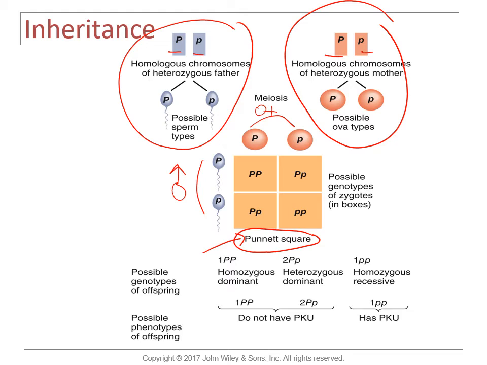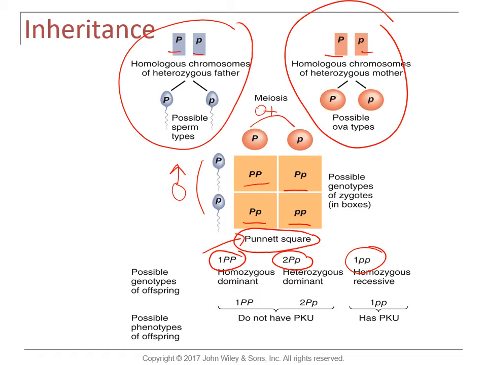The 4 spaces in the chart show how the alleles can combine in zygotes formed by the union of these sperm and ova to produce the 3 different combinations of genes, or genotypes: big P big P, big P little p, and little p little p.